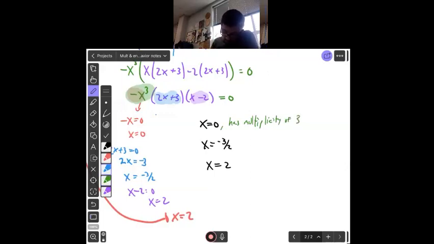The exponent on the 2x plus 3 is a 1. That has a multiplicity of 1. And then the exponent on the x minus 2 is 1, but we also have the original x equals 2. That means we have two x equals 2's.